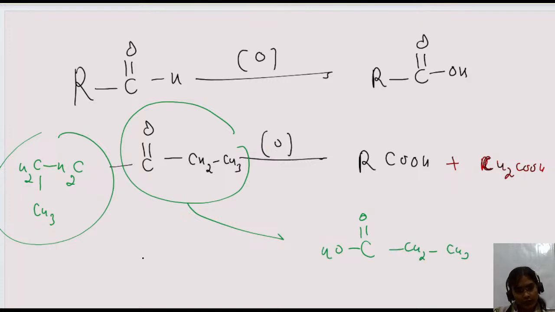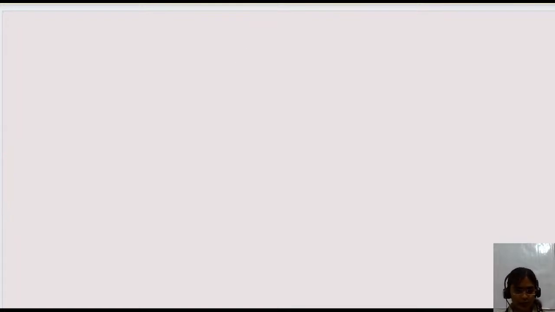And the second one, the main point is: should we connect the CO with this side or that side? Not very clear. Wait, let's see one more example. Let's suppose this is the molecule.